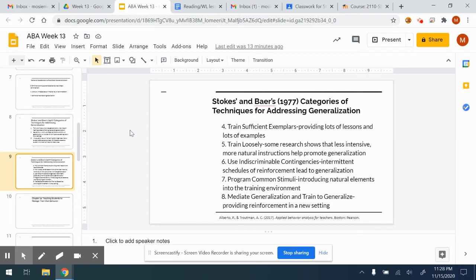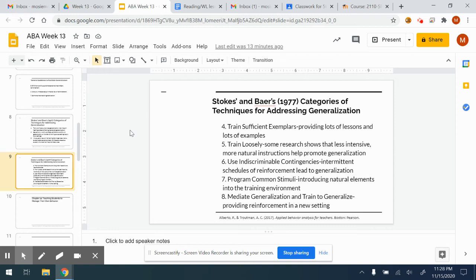Training loosely. We focus so much on direct instruction sometimes, but there is specific research out there that shows that sometimes less intensive and more natural instruction will help promote generalization. So, for example, I know we've talked about this in several examples of response strategies and teaching the alternative behavior and the replacement behavior.